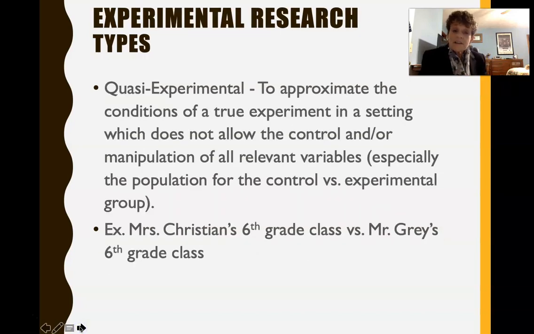We also have quasi-experimental, where you do have some control, but it doesn't allow you to control all of the variables very, very tightly. And in this example here, they say if you have Mrs. Christian's 6th grade class versus Mr. Gray's 6th grade class, you can't say that those samples are exactly the same, or you can't control all of the variables in those classes.